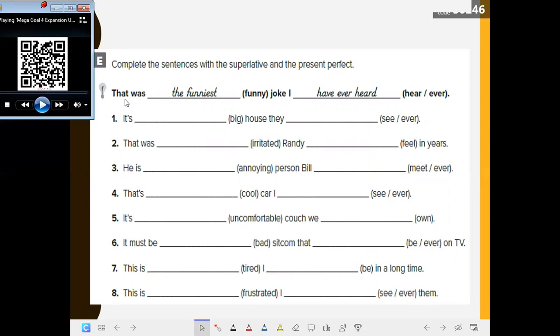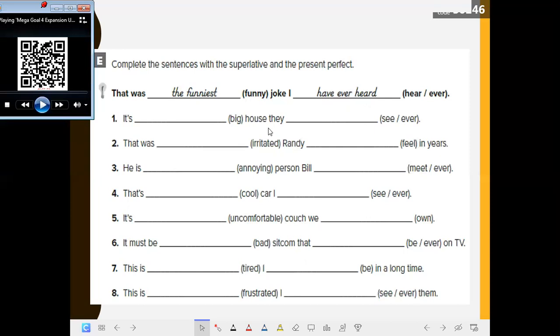As you see here, the example is: that was the funniest joke I have ever heard. هنلاحظ هنا ان الصفة اللي موجودة معانا اللي هي funny استخدم قبلها the واستخدم بعدها est لانها من الصفات القصيرة. يبقى the funniest joke، بس طبعا الواي حذفت ووضعنا مكانها اي لان الواي قبلها حرف ساكن. نخلي بالنا من النقط الصغيرة اللي زي كده. طيب هنيجي في الجملة الثانية هنلاقيه استخدم البريزنت بيرفكت اللي هو have or has plus past participle. طب have ليه؟ عشان قبلها I، يبقى I have، ما ينفعش اقول has. وبنستخدم بعد have او has ever وبعدين الباست participle.